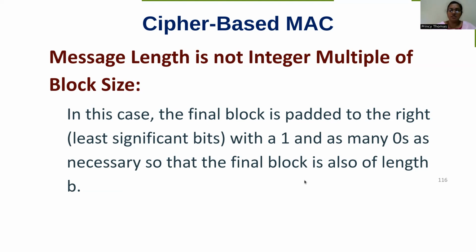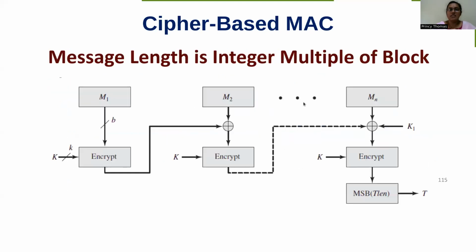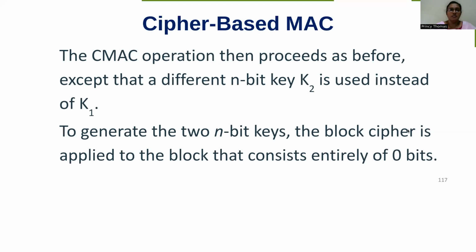That is how padding is done in cipher-based MAC. The CMAC operation then proceeds as before, except that a different n-bit key, K2, is used: if the size is an integer multiple of the block, K1 is used, otherwise K2 is used.